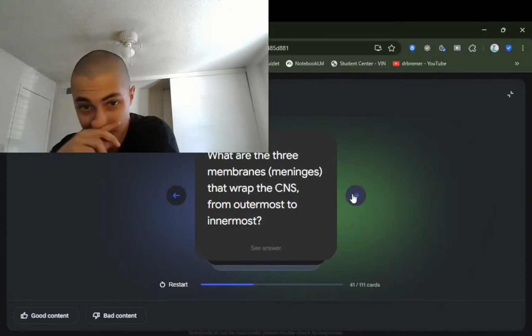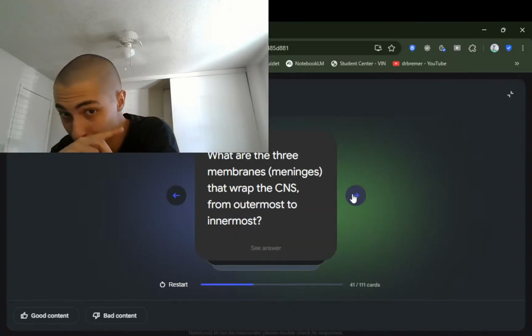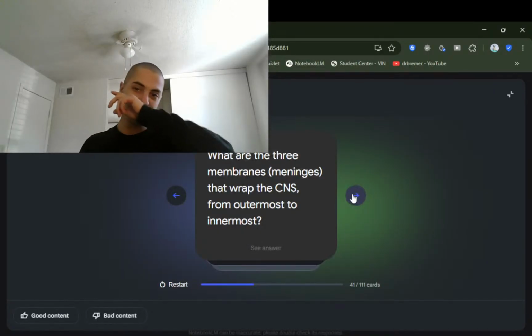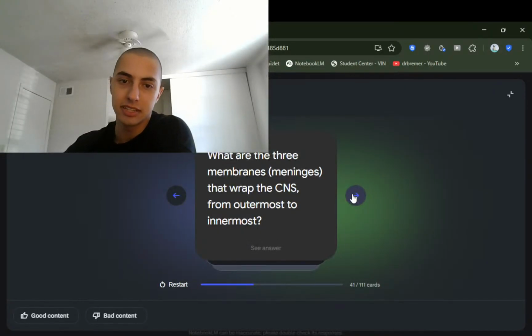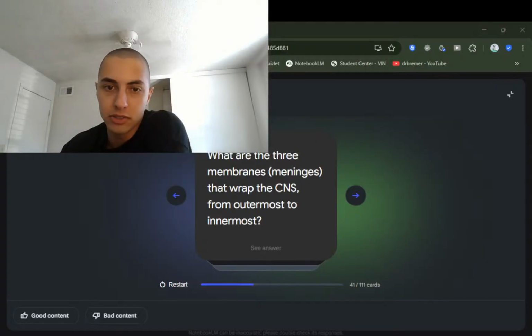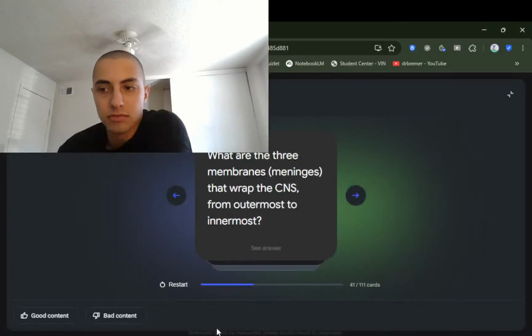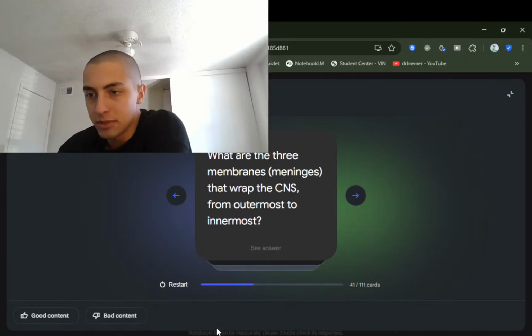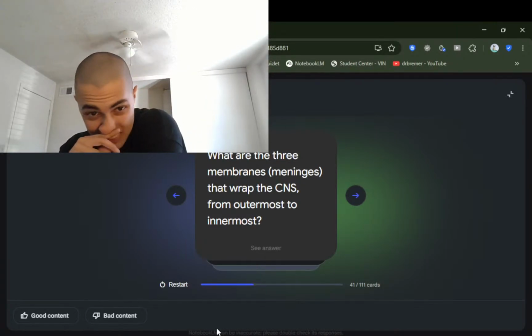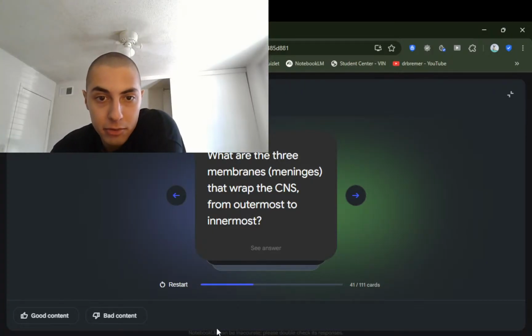Wow. What are the three membranes or meninges that wrap the CNS from outermost to innermost?